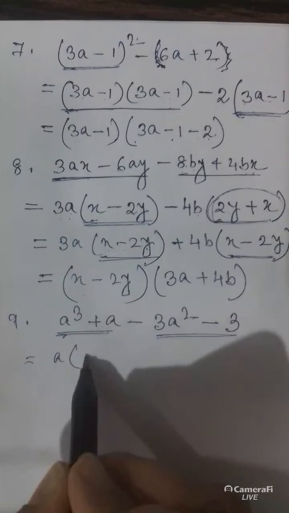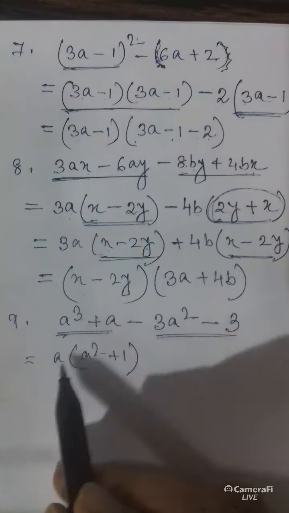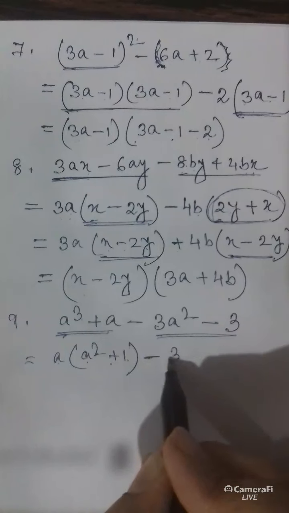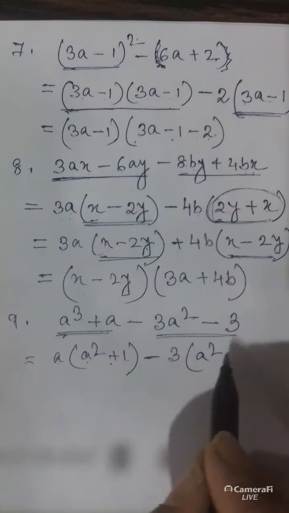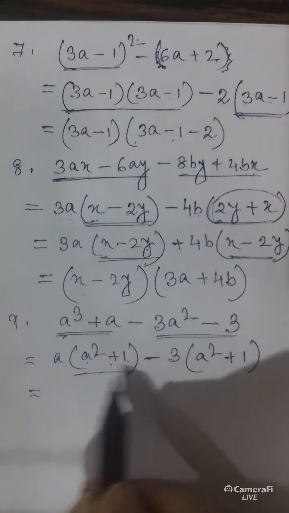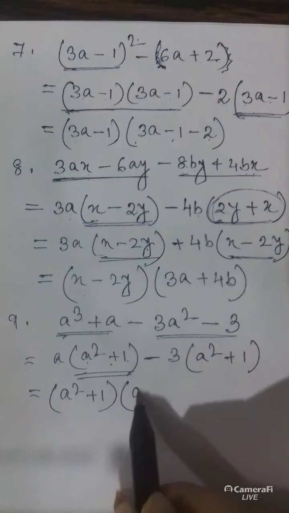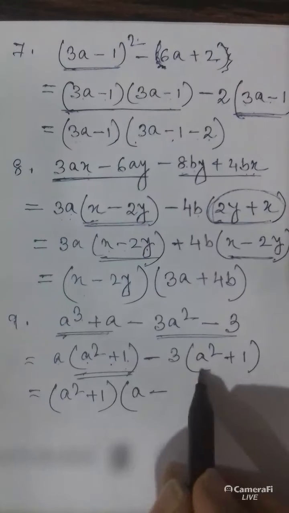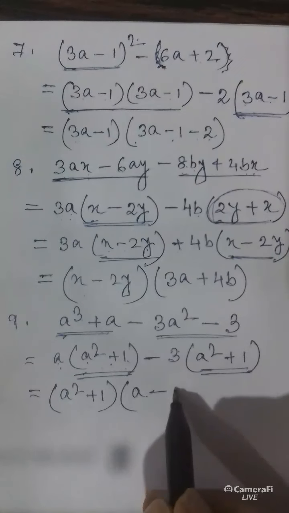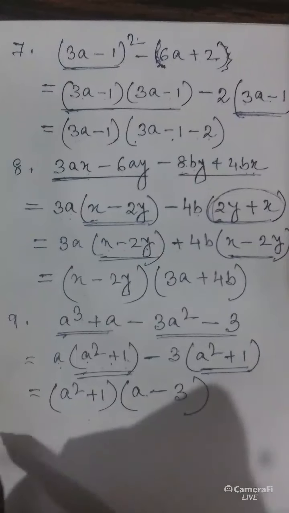From a cube, a is common, then a square plus 1 is left; minus 3 is common, a square plus 1. In both terms, a square plus 1 is common, then a is left and minus 3. So a square plus 1 and a minus 3.